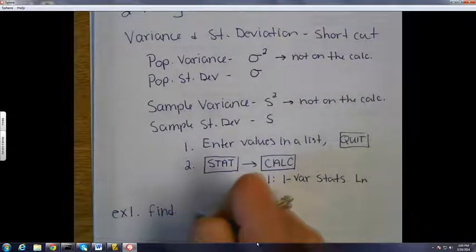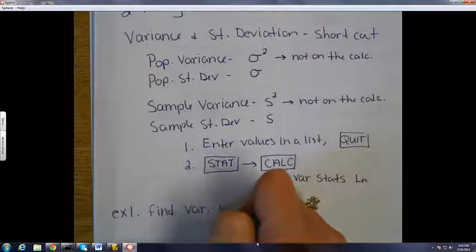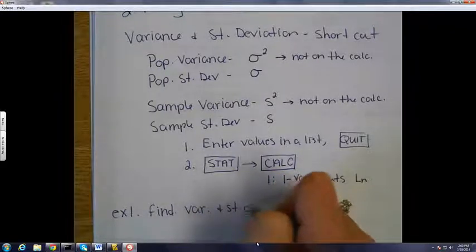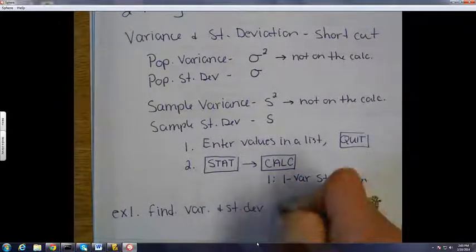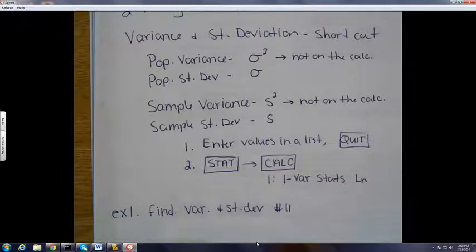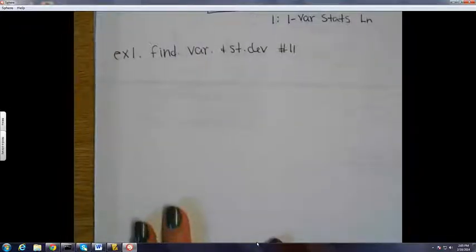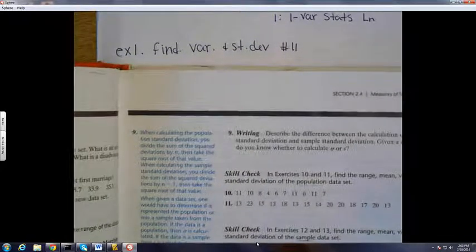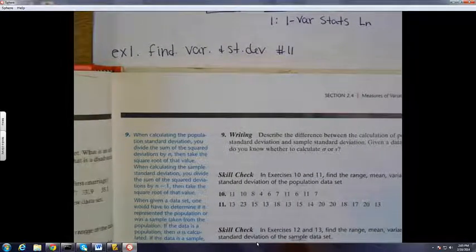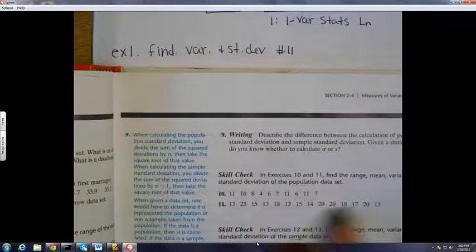Find the variance and standard deviation. And let's do that number 11 that I had up here. I'll put it up and you won't need your book open. So the number 11. So grab a calculator. Put the values for number 11 in a list. I've already got mine done.